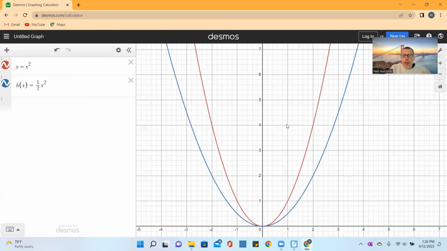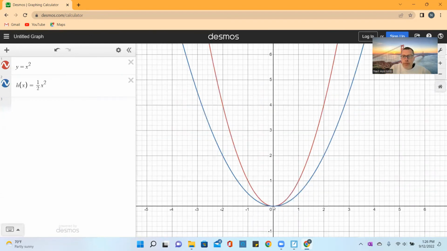Let's zoom in a little bit. There's our 1. 0 squared. 1 squared. 2 squared. Okay, but over here it's going to be 0 squared divided by 2, 1 squared divided by 2, and so on.